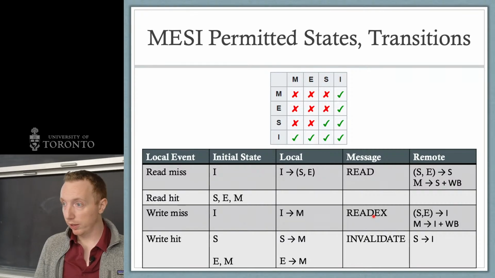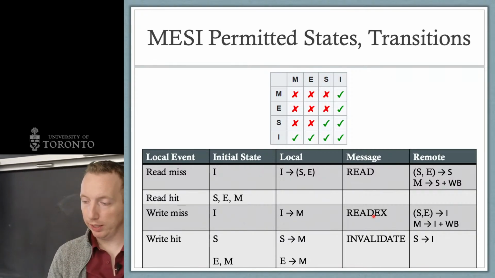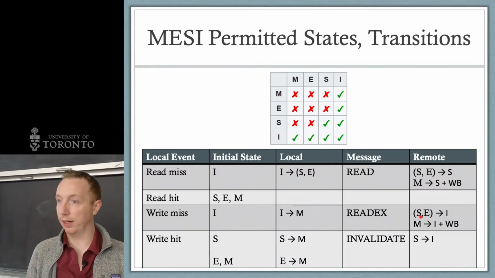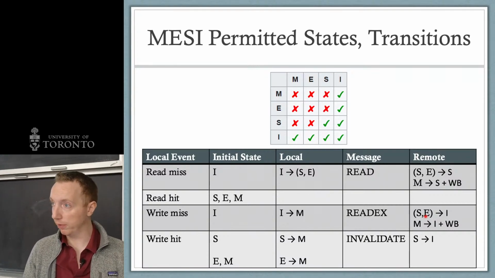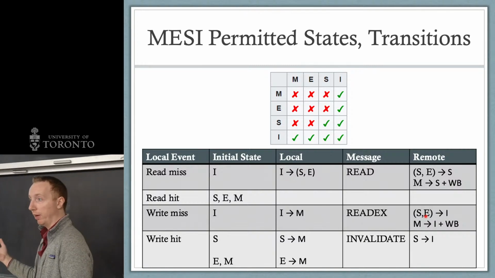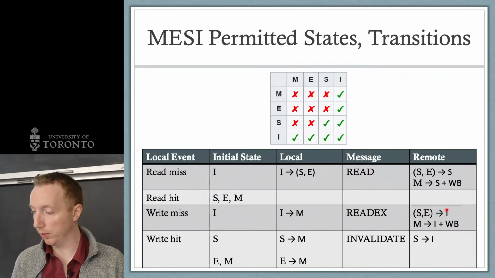To the protocol, it will issue a read exclusive to every other core on that machine. That would invalidate it if it had it open, whether shared or exclusive before. Those states didn't have any modifications, so they don't have to write back to memory, it just invalidates it.